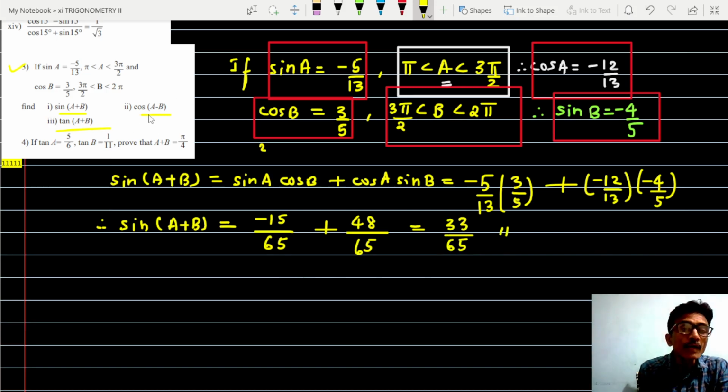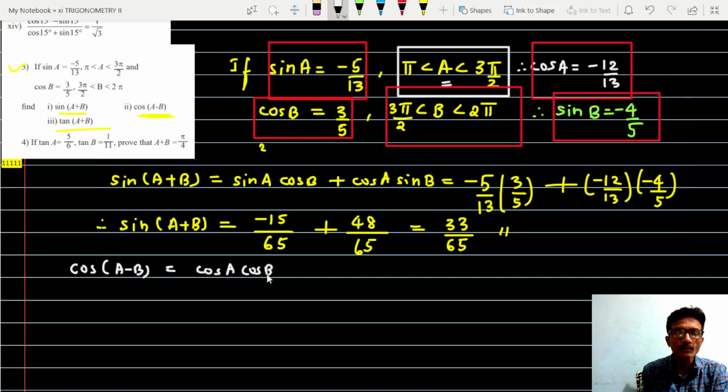Then we require cos of A minus B. The formula is cos of A minus B is equal to cos A cos B plus sin A sin B. Cos A is equal to minus 12 upon 13.